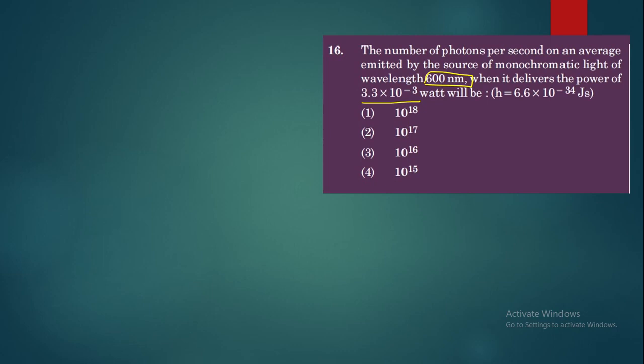Some wavelength is associated with the photons, and photons carry some energy as well as power. So here let me write down the data. The power is 3.3 into 10 power minus 3 watt, the wavelength of the photon is 600 nanometer, and we are supposed to calculate the number of photons per unit time.